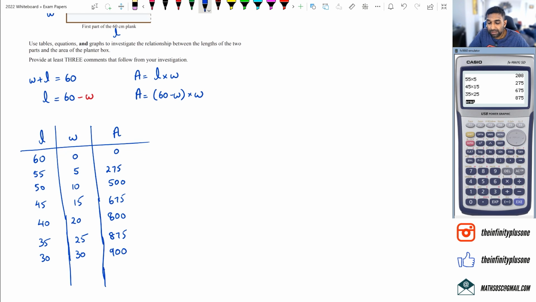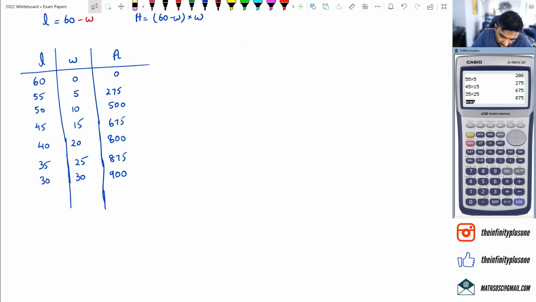And I can just keep going like that for my table. When I look at the answer schedule, they're going up in 4s. I've gone up in 5s. I don't know why they decided to go up in 4s, but I don't think it really matters, because all you're trying to do is show them what this table actually looks like.